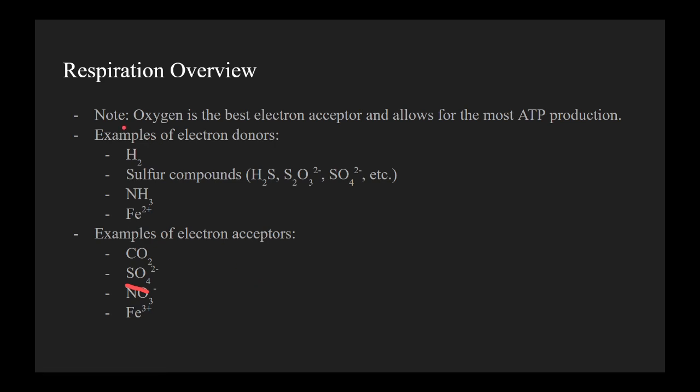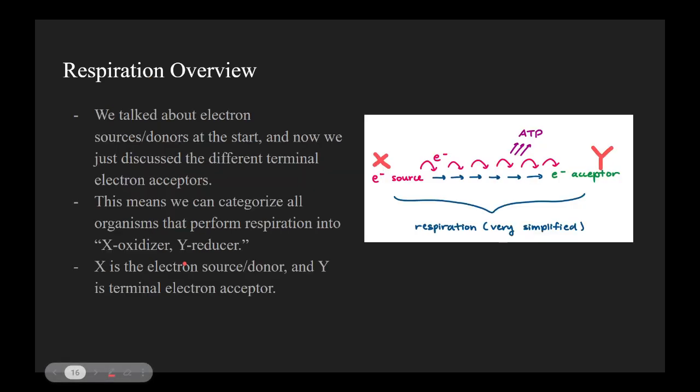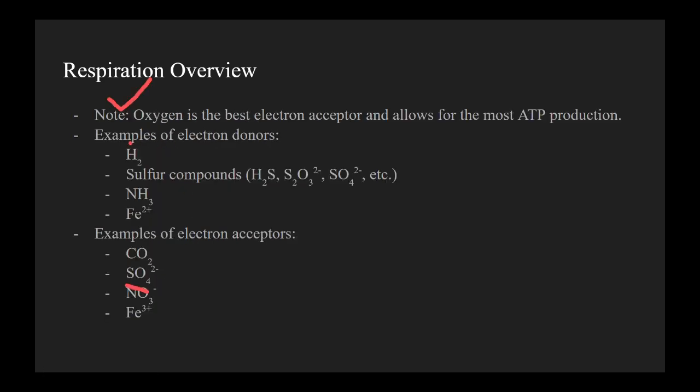And a good thing to note is that oxygen is the best electron acceptor, which means that it makes the process most efficient. So using oxygen produces the most ATP, but since these other alternate microbes have grown for millions of years in conditions without oxygen, they've evolved slightly less efficient systems that still get the job done.